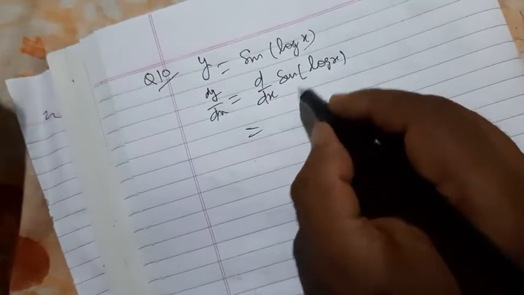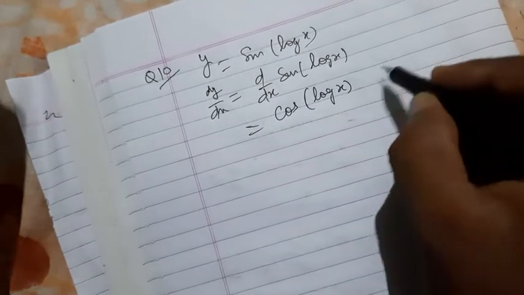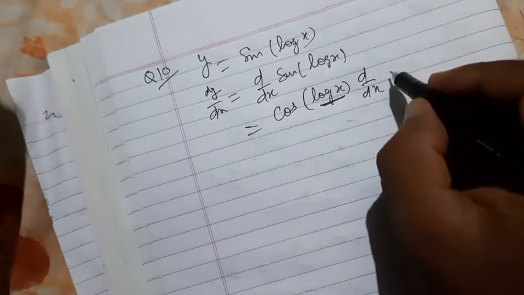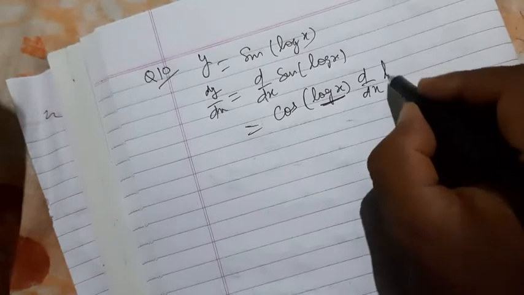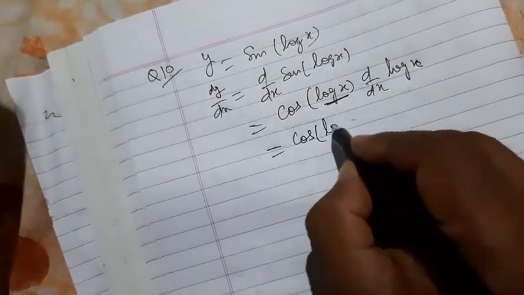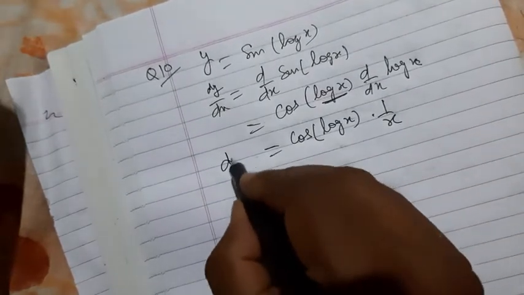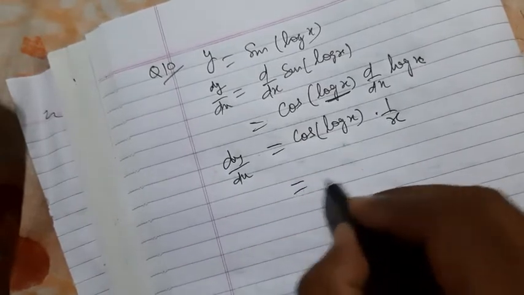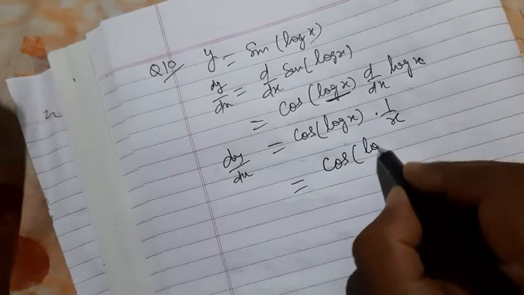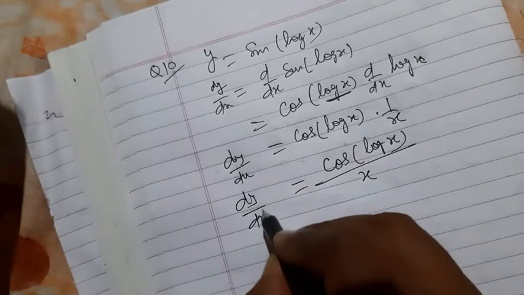So sin x means cos x, so cos of log x, and d by dx of x, in place of x we have log x written, so we will differentiate it also, it means log x, cos of log x and the differential of log x is 1 by x, so this is the dy by dx, and you can write it as cos of log x divided by x. So this is the dy by dx.